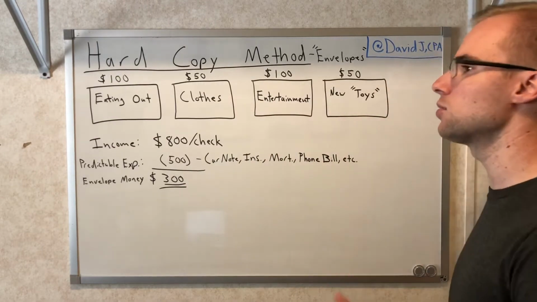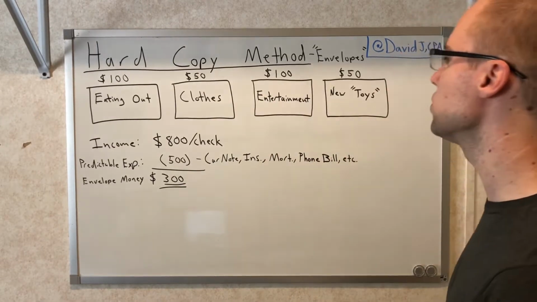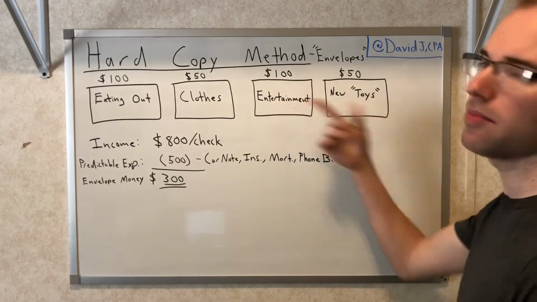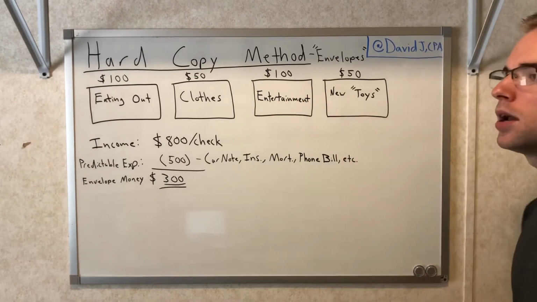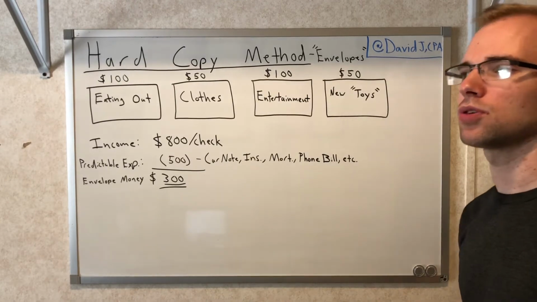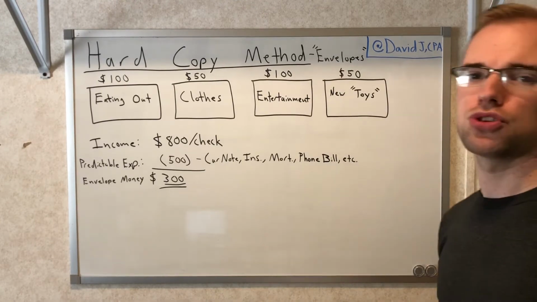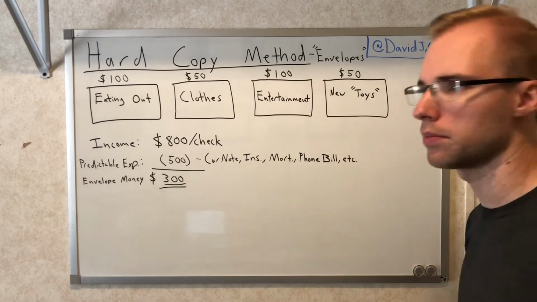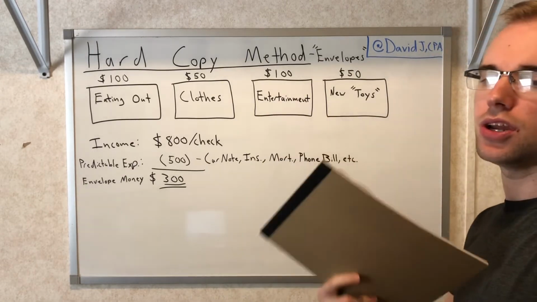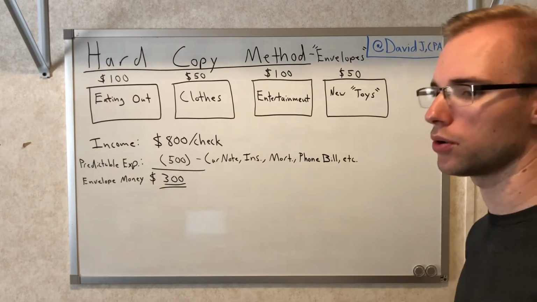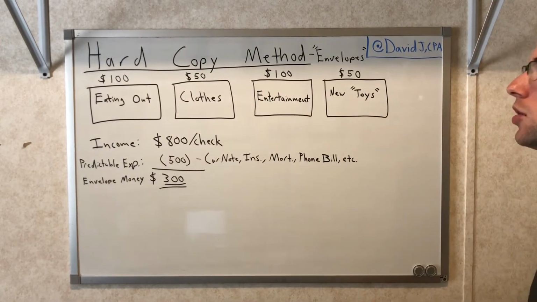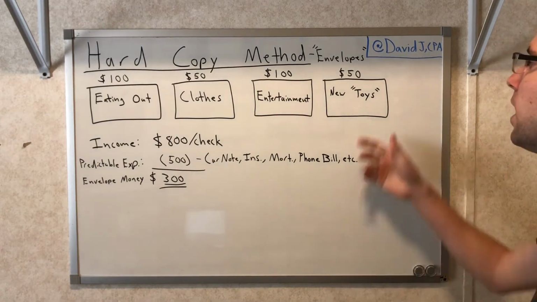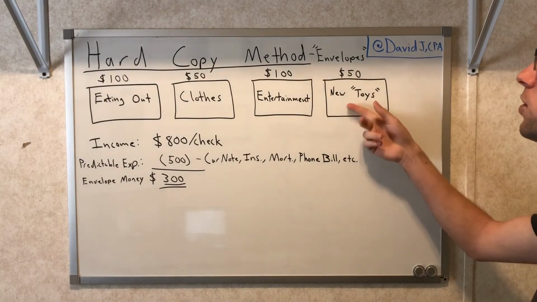Maybe you like to go to the movies, go bowling, go to the zoo, do something like that. Well, you have an entertainment envelope for that. And then maybe you want to put money up towards buying a new toy, quote unquote, maybe a new cell phone, maybe a four-wheeler, whatever, a new computer, AirPods, whatever it may be. A new toy, some kind of new gadget. Maybe you want to start putting up some money for that. So we're going to put an envelope here for new toys.